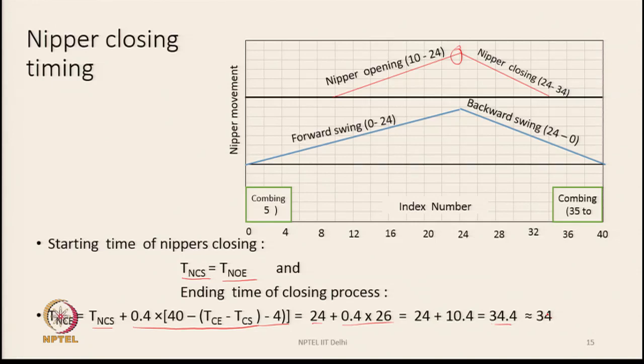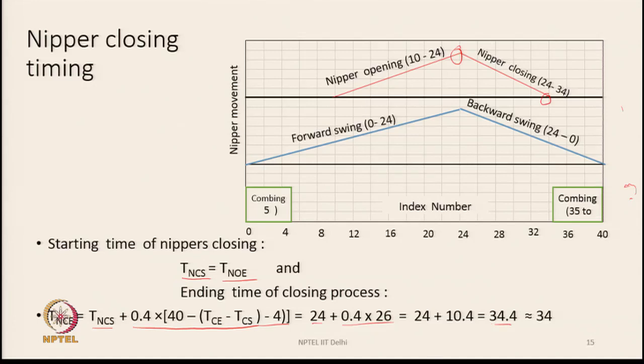That means at 24 it starts closing and it completely gets closed at 34, which is here. It has to be closed by 34 because by 35 I have to start combing. So before the combing operation starts, the nipper must close.